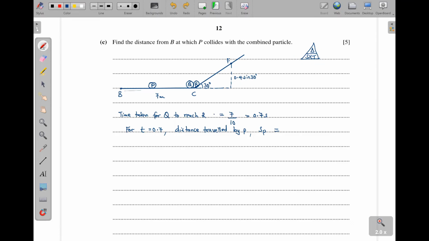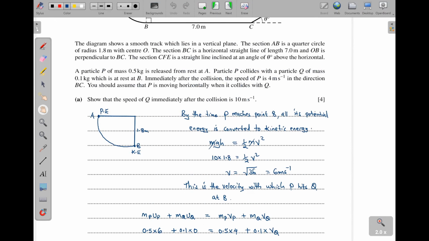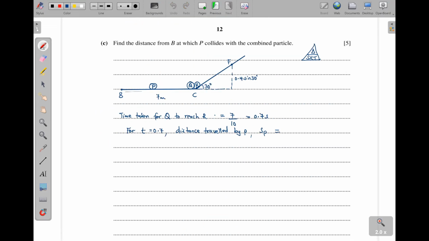So the speed, remember after collision, they also gave us the speed of P. Here it was 4, okay? So that will be 4, then times the 0.7, the time taken. This will be 2.8 meters. So P is 2.8 meters, okay, from B. Or it has traveled 2.8 out of the 7.